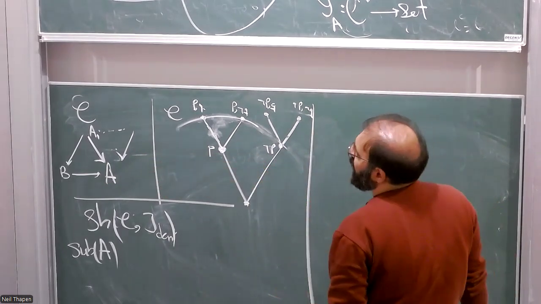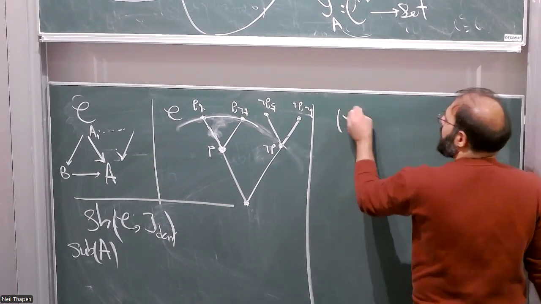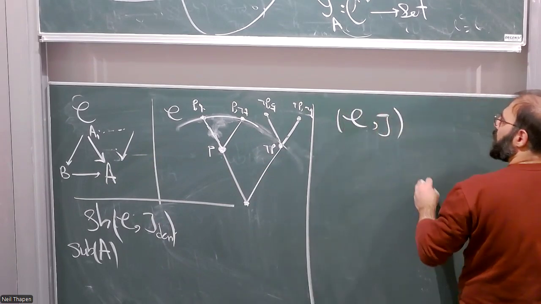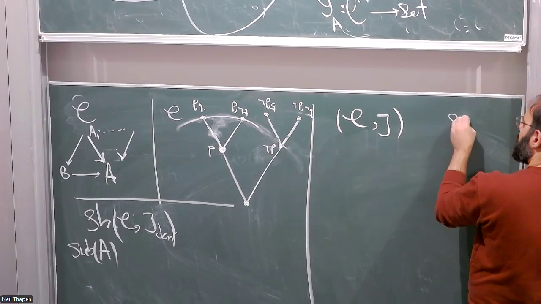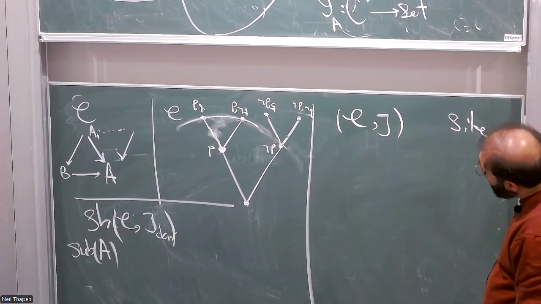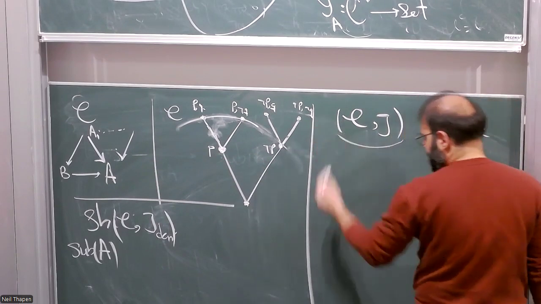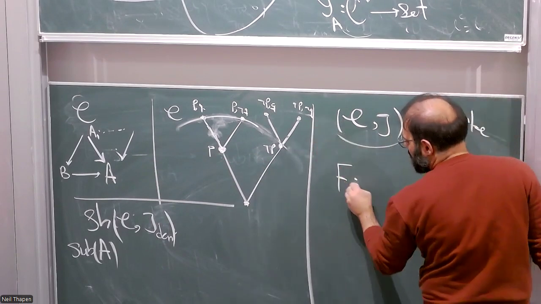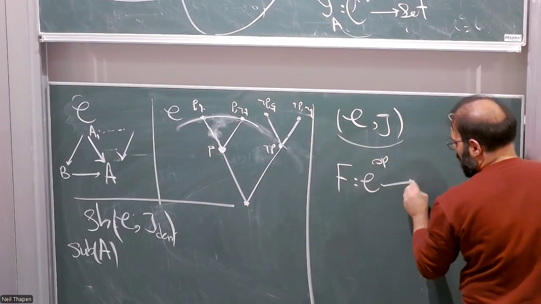And then now you can say, if you have C and one coverage, which the package is called a site, right? What is a sheaf with respect to a site? So a sheaf is just a pre-sheaf. It's just this guy.